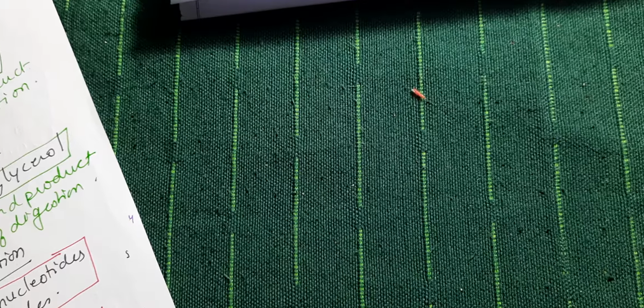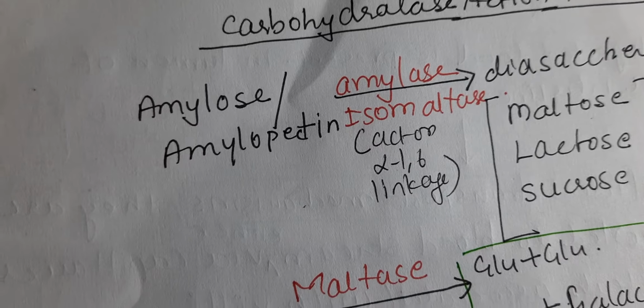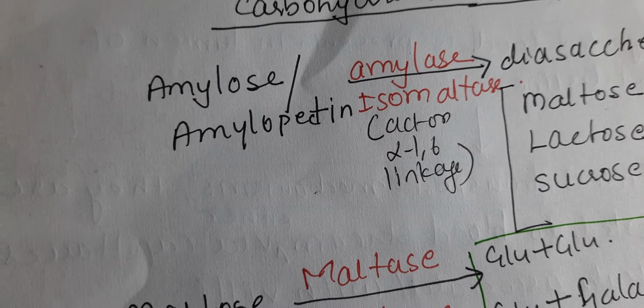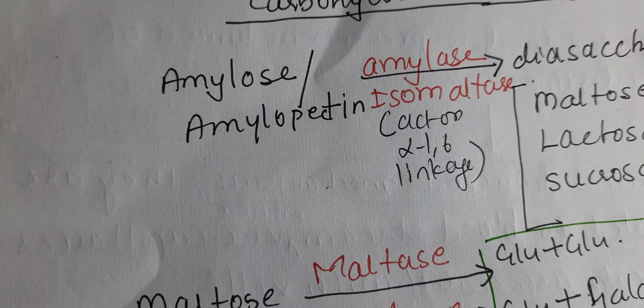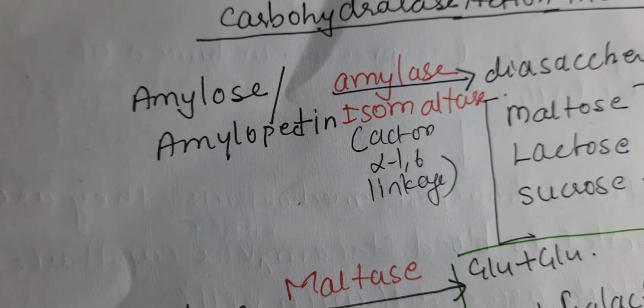Okay, now we will see what will happen with the carbohydrase action, or amylolytic enzymes. Partial digestion has already taken place. So we have the carbohydrate in the form of either amylose, amylopectin, or maltose, or some other disaccharide.